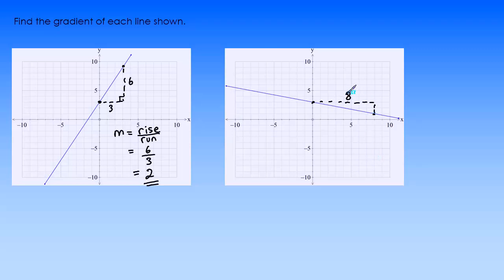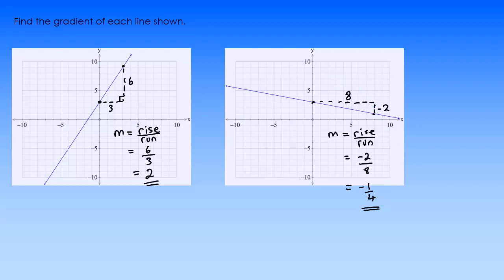And I can see that's gone across by 8, but we've gone downwards by 2. So that's negative because we went downwards. Then the gradient is the rise over the run, which is -2 over 8, giving us -1/4.